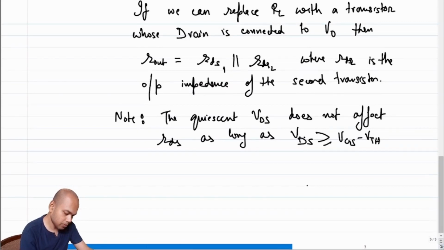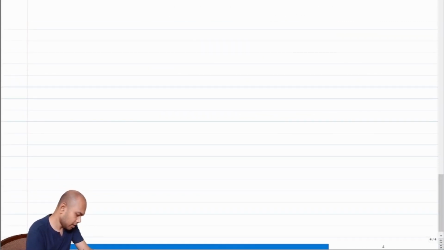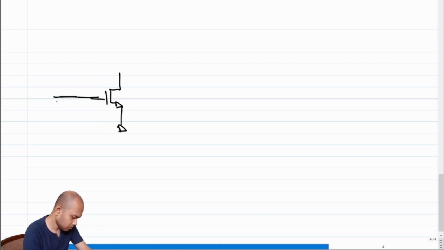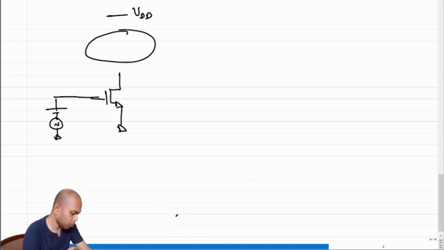So what should we do? Let's sketch our common source amplifier once again. Here we have VDD, so here we need to put something. We need to put a transistor whose drain is connected to V0.